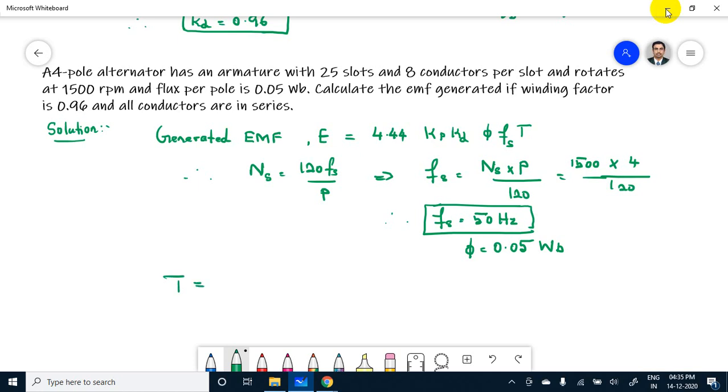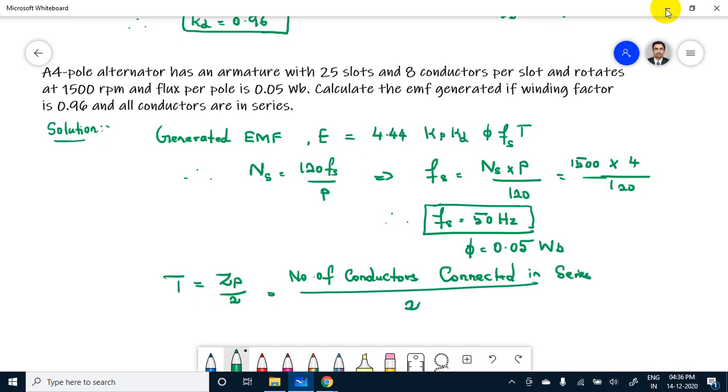Turns formula, number of turns is equal to Zp divided by 2, where Zp will be the number of conductors connected in series divided by 2.